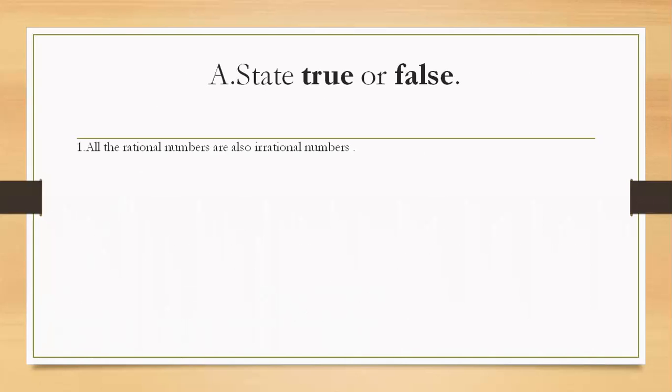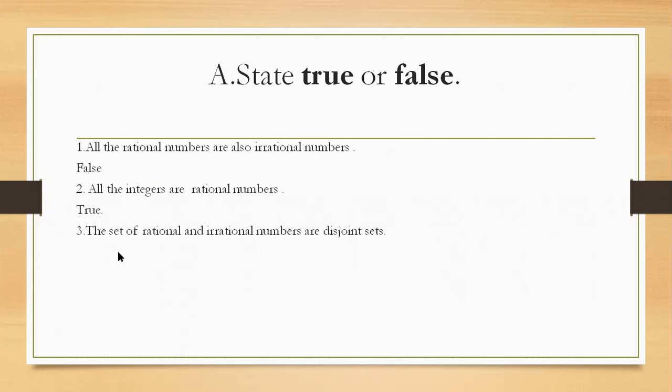And now true or false. All the rational numbers are also irrational numbers. It's false. All the integers are rational numbers. It's true. The sets of rational and irrational numbers are disjoint, meaning there is nothing in common. If a number is not rational, it is irrational.